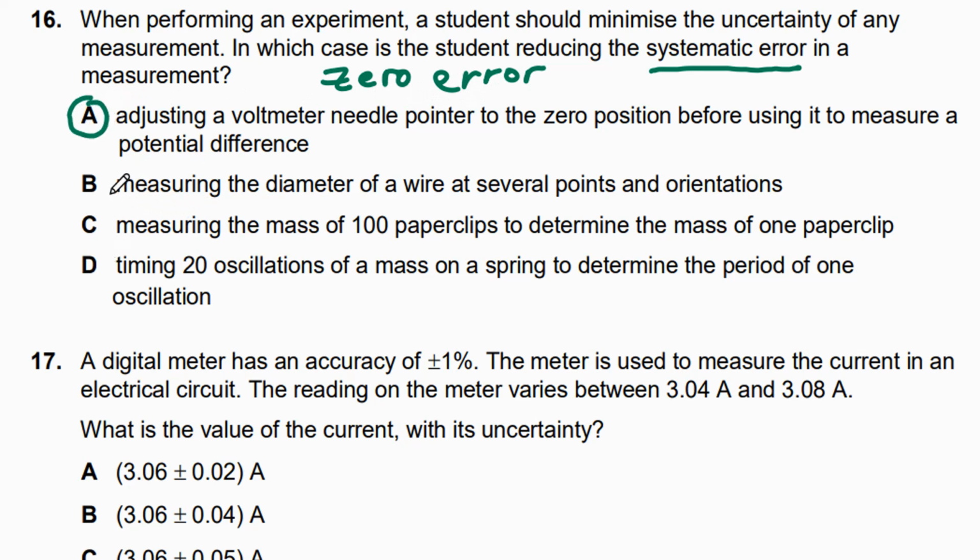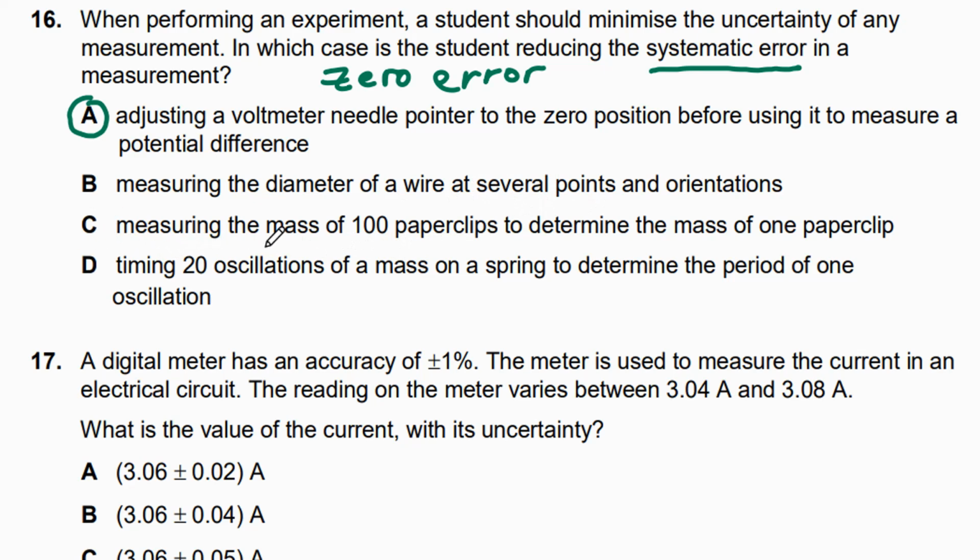The rest of these options deal with random errors. Remember, when we repeat measurements, we are reducing the random error. So for example, measuring the diameter of a wire at several points and orientations will be in order to reduce the random error.